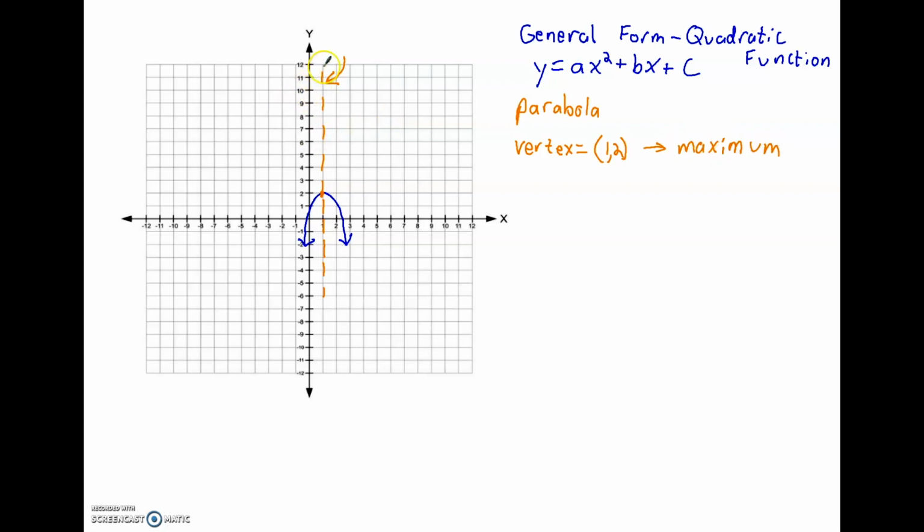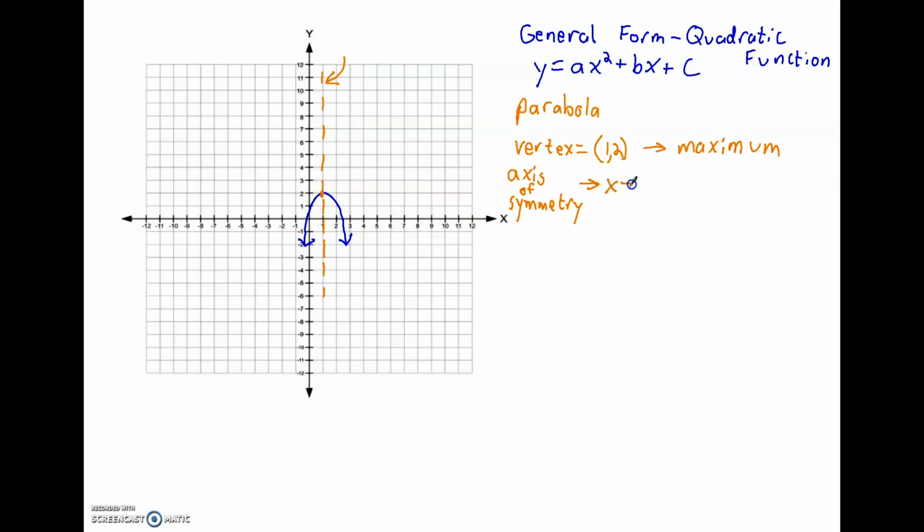Now I briefly mentioned that there's this axis of symmetry, and I'm going to call that AOS normally, but for right now, I'll spell it out. That is the vertical line that splits a parabola into two symmetric parts. If we were to fold this side over onto that side, it would fold perfectly, assuming that I drew it perfectly.